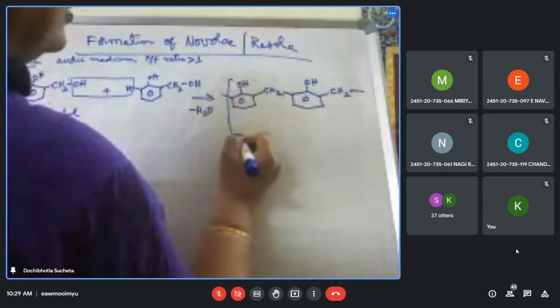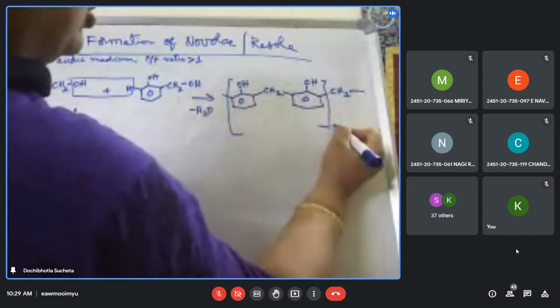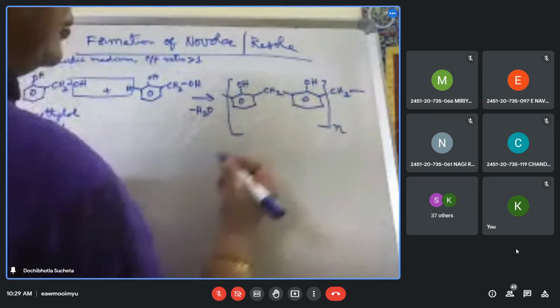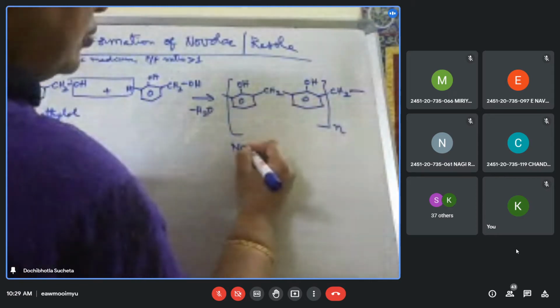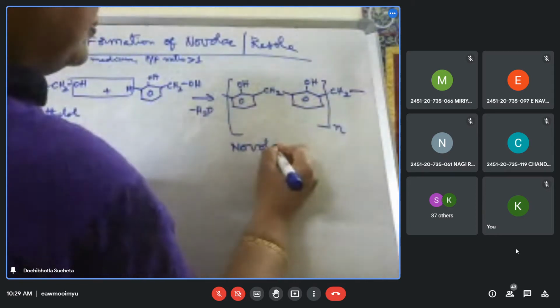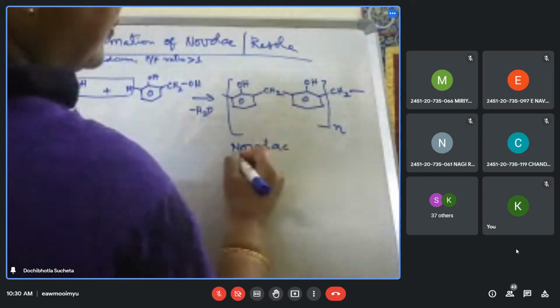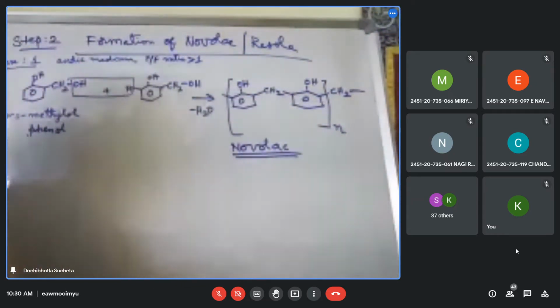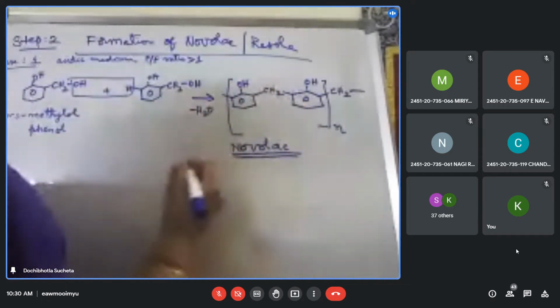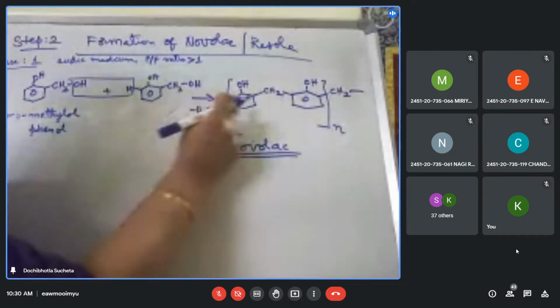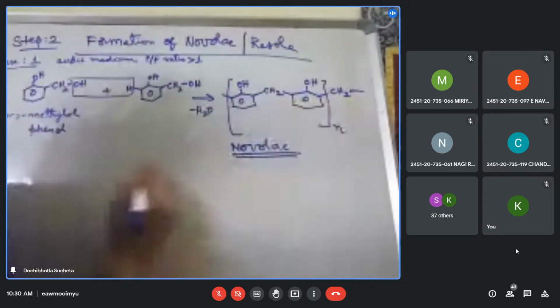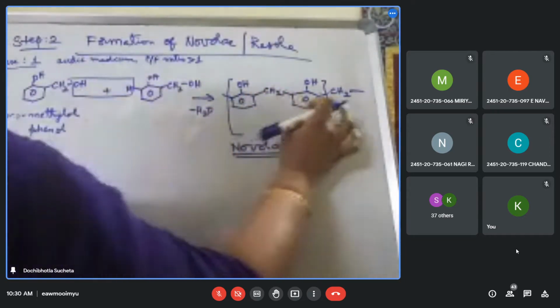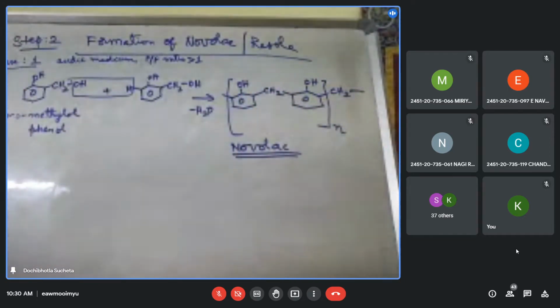This group repeats n number of times. This is called Novolac. You have methylene mediated phenolic rings. Does everyone understand?